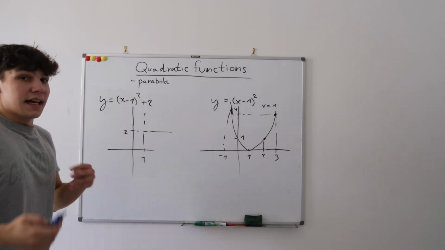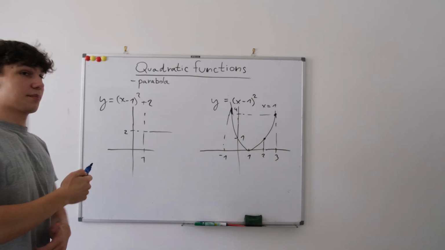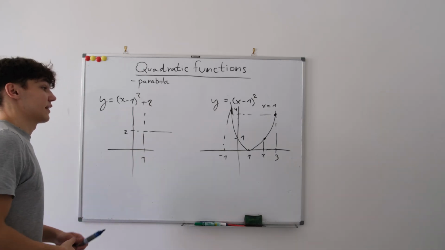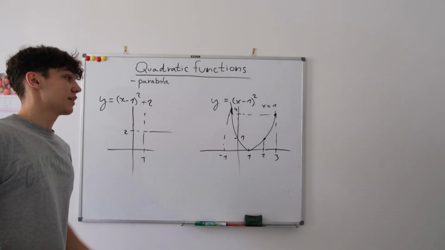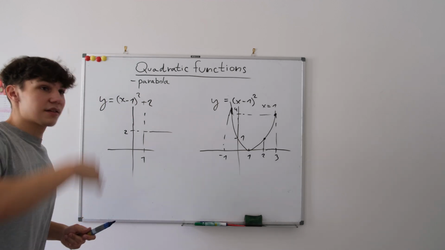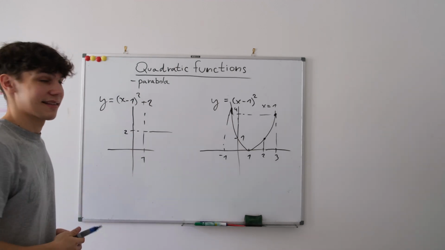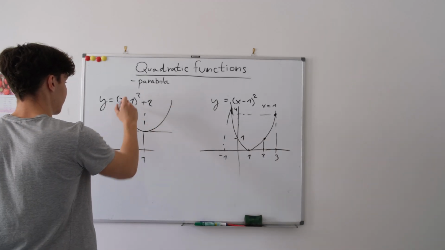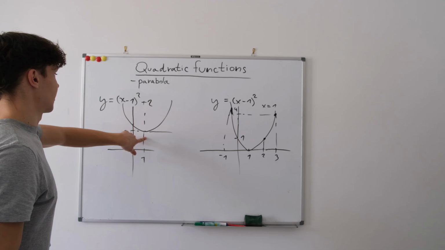Cool. Now we once again just plug in some numbers and find out what the function is going to look like. It's going to look the same as here, but 2 points up on the y-axis. So we can see that it looks like this.